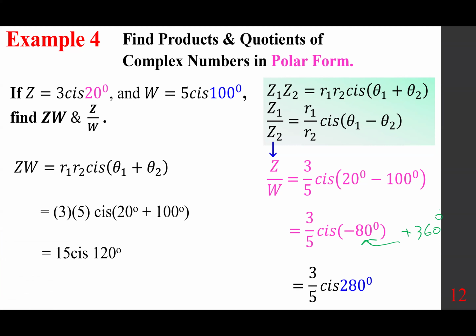That gives us 280 degrees. Okay, everybody? So pretty straightforward.